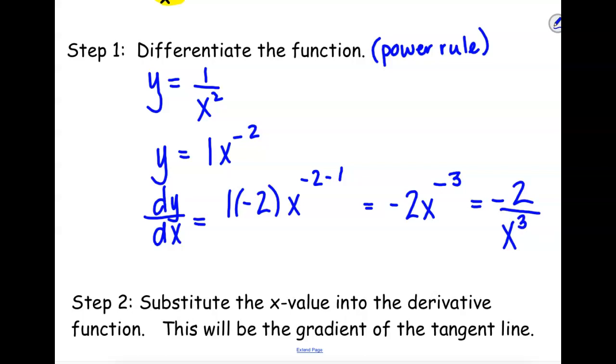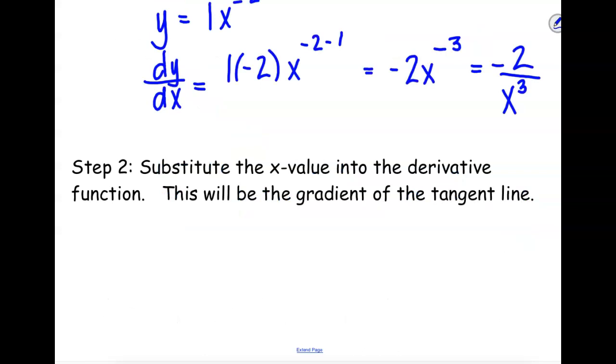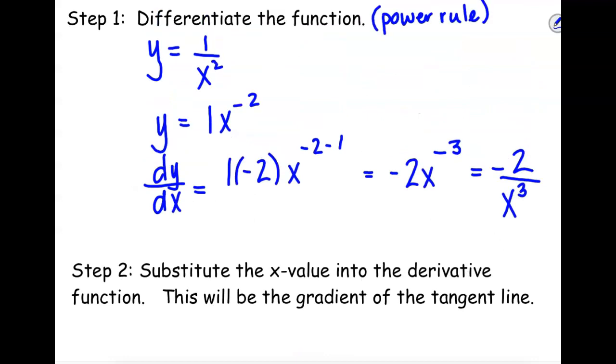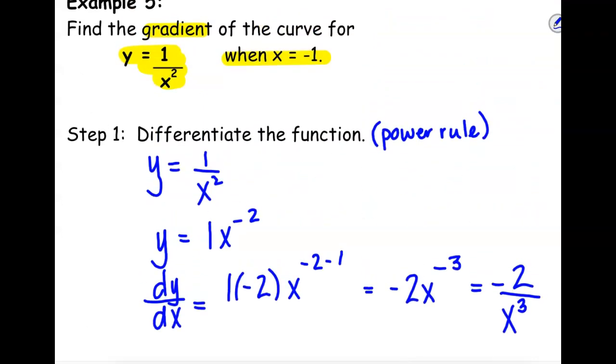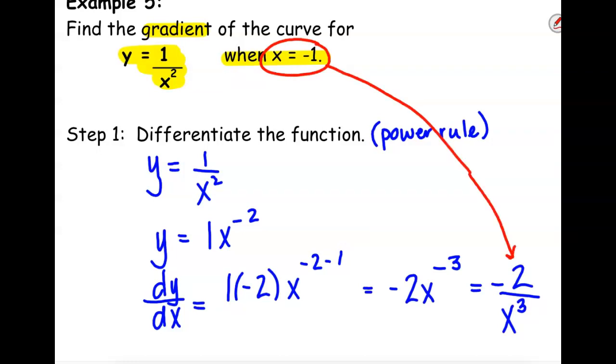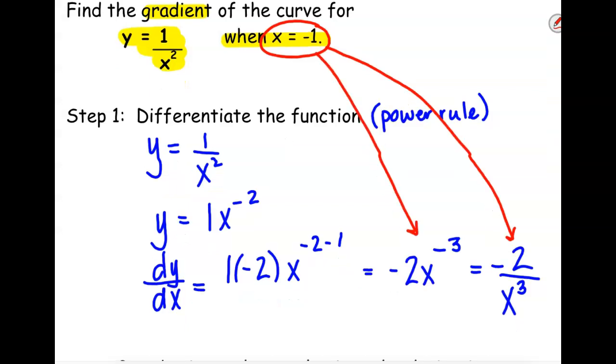All right, step 2. Substitute the x value into the derivative function. So here is your x value, -1. You're going to substitute it into the derivative function, either in that form or as such. It doesn't matter which one.